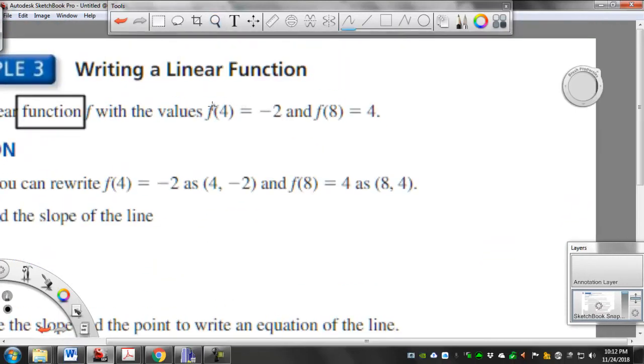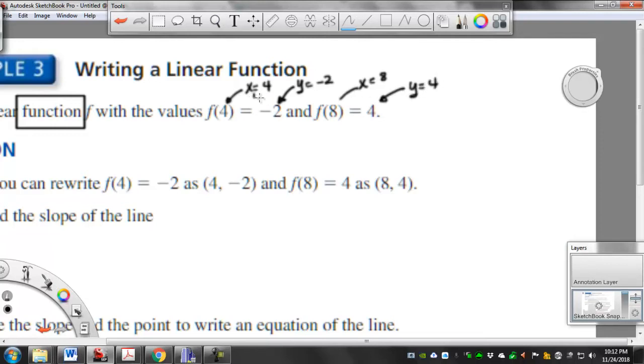So that's telling us that we have a function where x is going to be 4, and y is going to be a negative 2. And then I'm going to give you another point where x equals 8, and then y is going to be equal to 4.